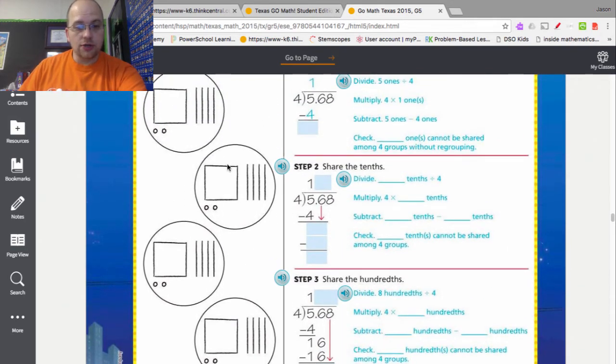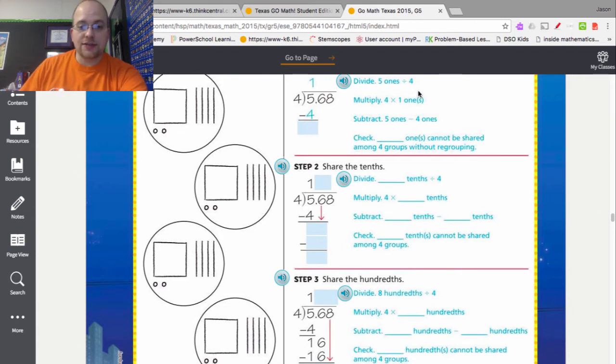There's 5 minutes, plus 60 hundredths plus 8 hundredths. So 5 and 68 hundredths split into 4 even pieces.